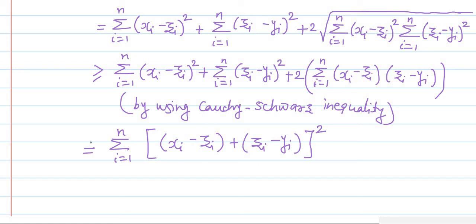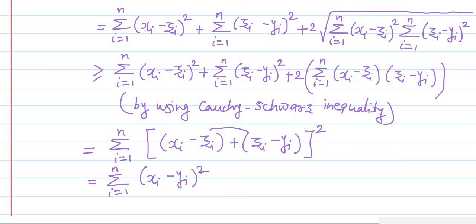Okay, if you take the square of this, we will get the right hand side of the above relation. Now in xi minus zi plus zi minus yi, the minus zi and plus zi will get cancelled, and therefore this is simply equal to the summation over i equal to 1 to n of (xi minus yi) square.